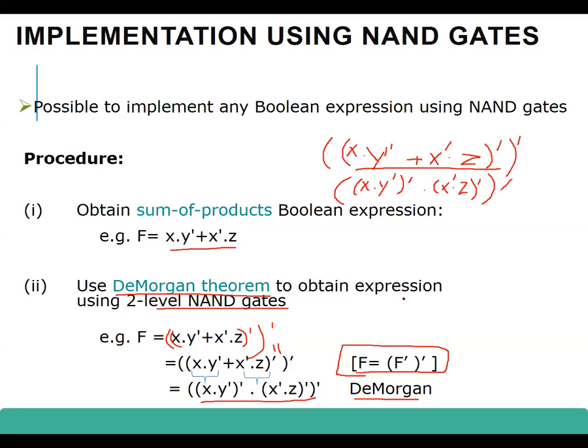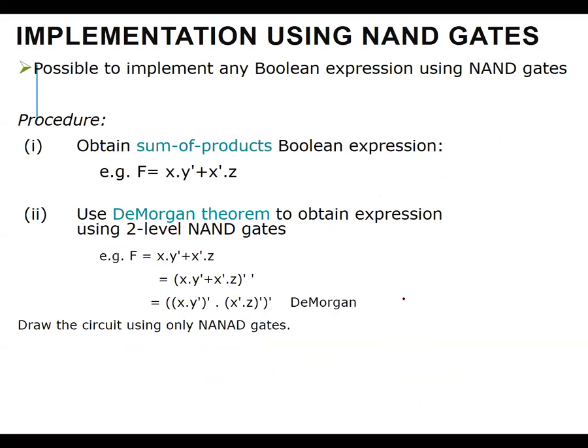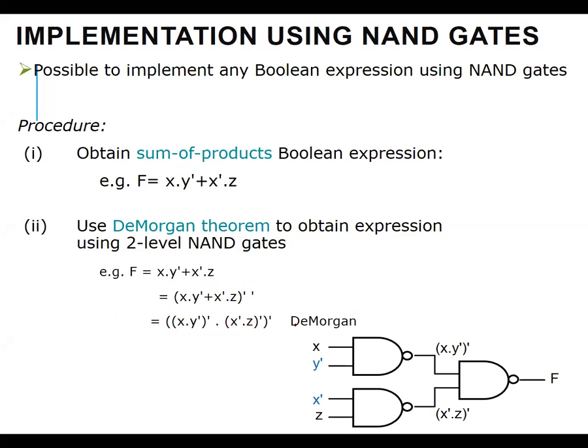We can see here, so then now you can see we have applied De Morgan's theorem and come up with something like this. And now you can draw the circuit using only NAND gates, because you can see here this is a set of NAND gates.